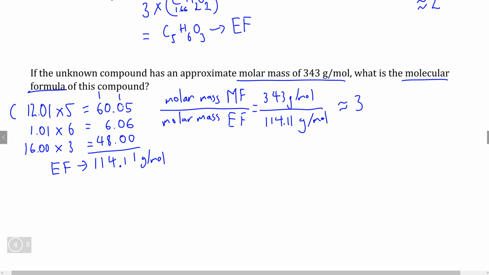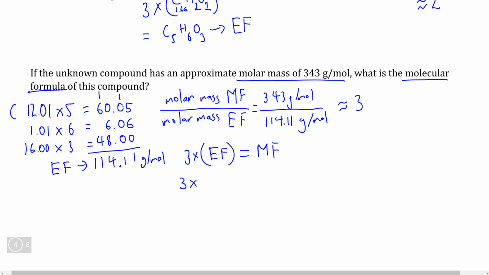So what this tells us is that if we multiply our empirical formula by 3, we would get the molecular formula. Well, if that applies to mass, it also applies to the compound itself.